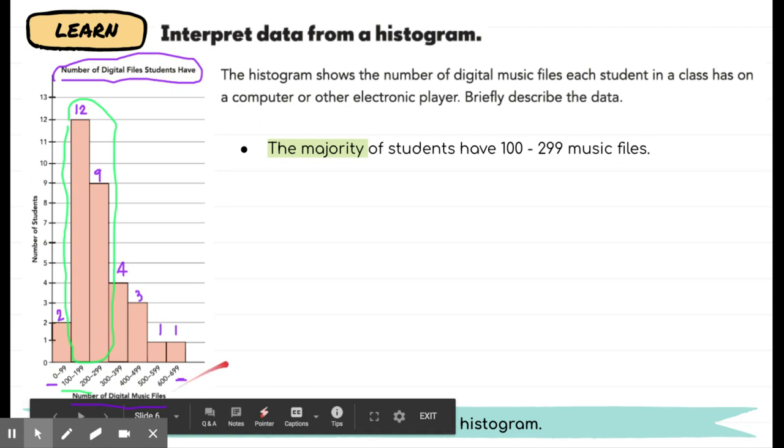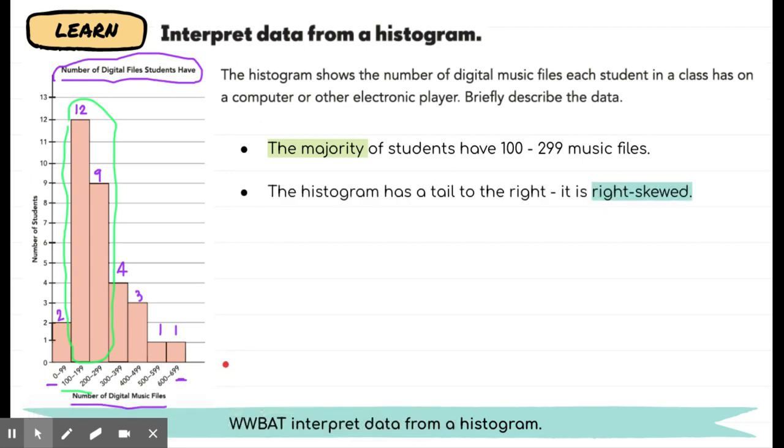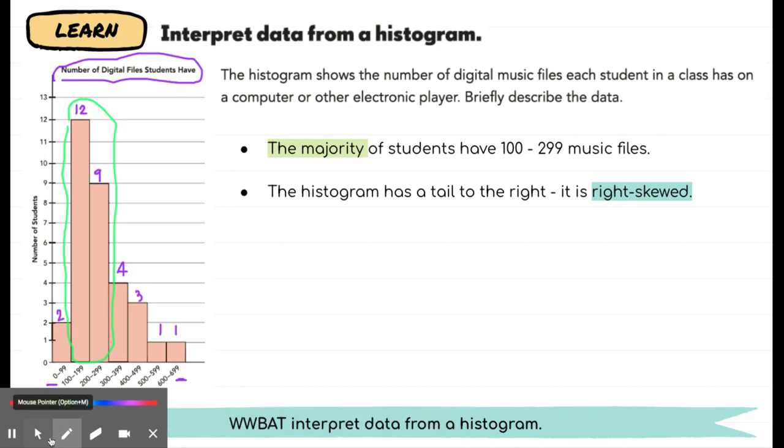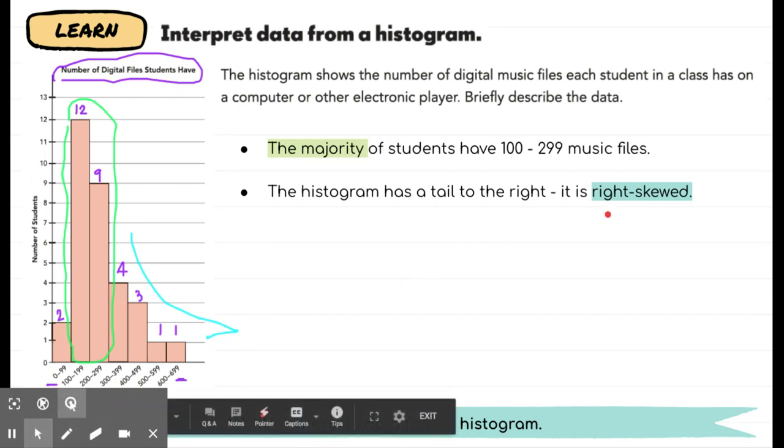The next part, I can also describe the shape of the histogram. The majority of the data goes to the left side, and it has a tail to the right. This is the tail. So this histogram is right skewed.